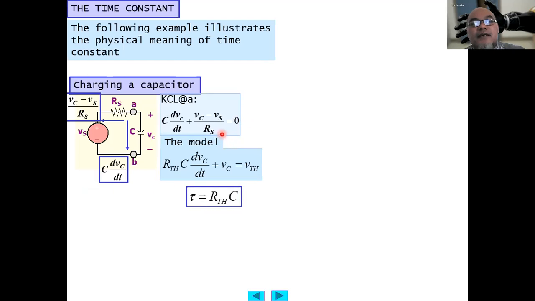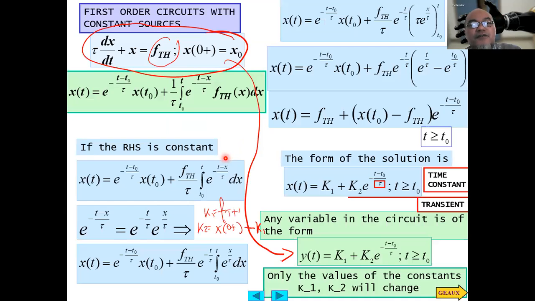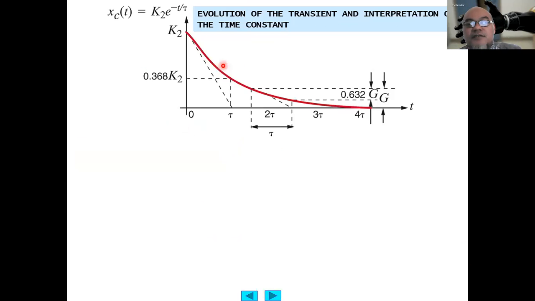Then the tau becomes R_th times C. Remember that this is the same form as the previous equation. We have to make the equation in this form: tau dx/dt plus x equals f_th, where f_th is a constant source, either a constant voltage source or a constant current source.